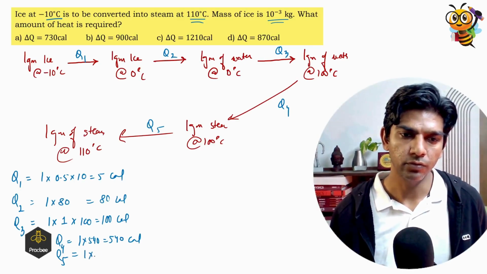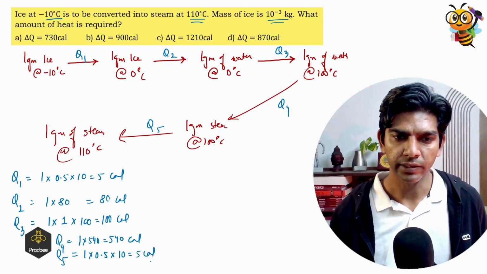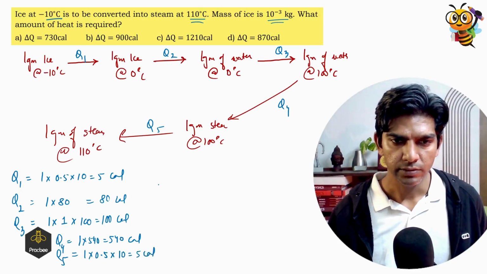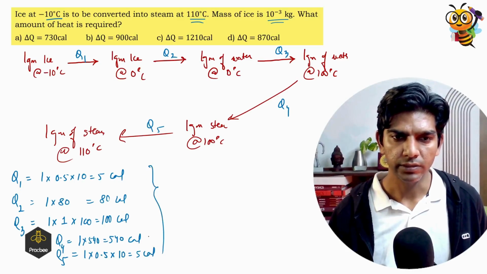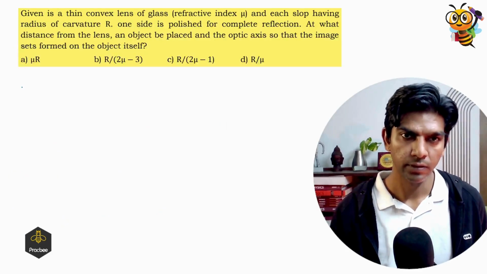So that will be 1 into 0.5 times 10, which is 5 calorie. So let us add up all these. We have 540, 640, 720, 730 is the answer, right? Option A is the right answer.